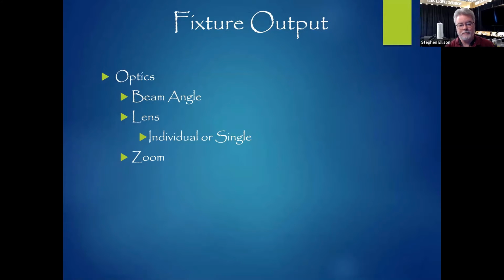The beam angle is going to tell you your coverage, and a lot of manufacturers are presenting you with what the beam angle is, and then they give you a cone diagram, and the diagram is set up such that you've got feet, so you've got distance away. It'll tell you how big an area that is going to cover, and then it'll tell you how many foot candles you'll have at that distance. So that's an important thing to worry about when you're beginning to look at things, is how much coverage you're going to get.